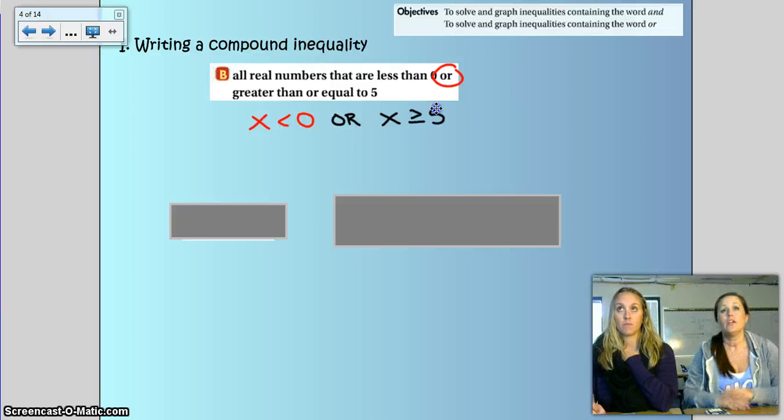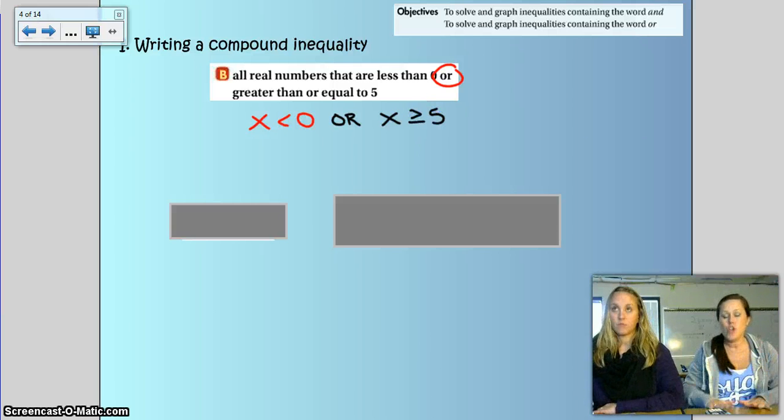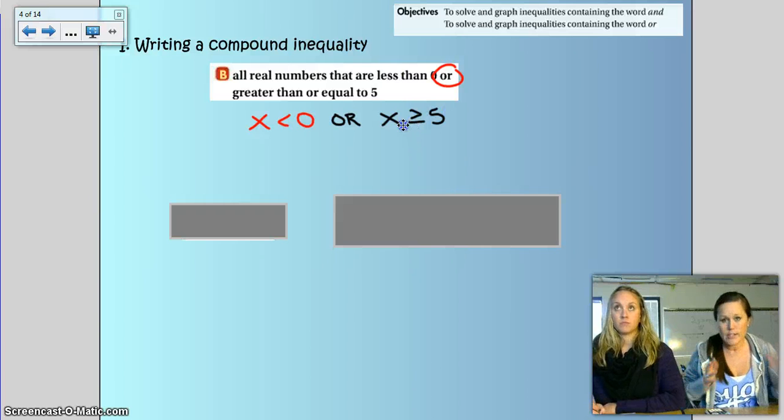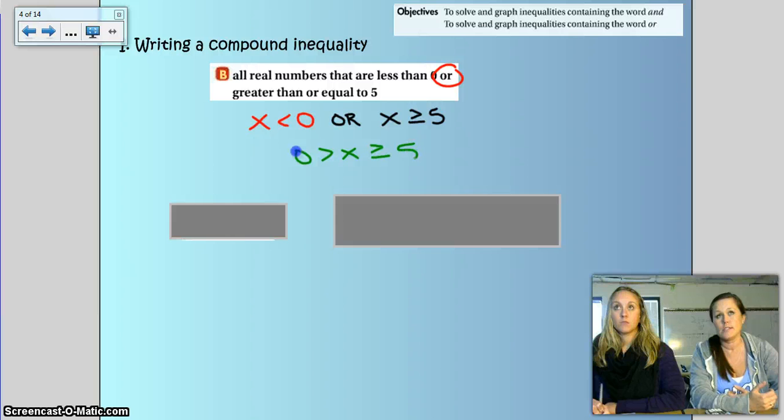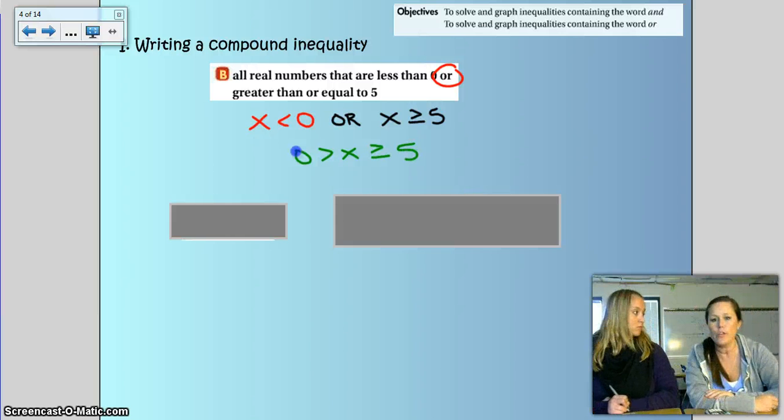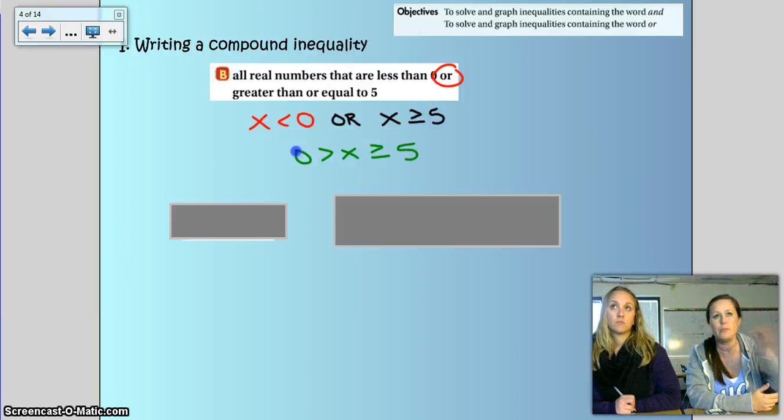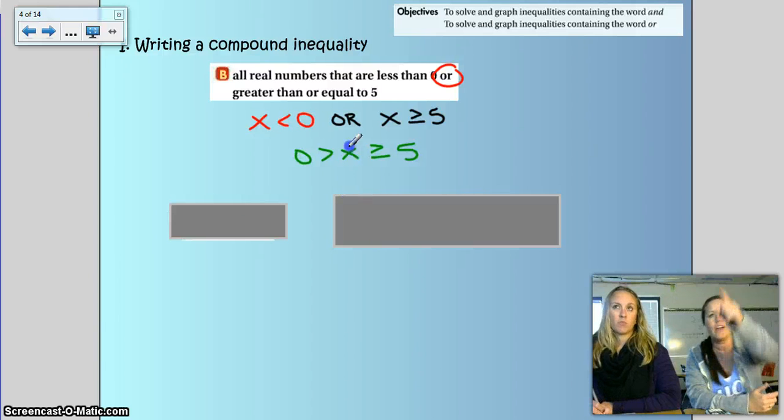Here's why this is an "or." There is no number that exists that's less than 0 but bigger than 5. What number would go there? There's no number that's less than 0 and bigger than 5. X has to be smaller than 0 or bigger than 5.